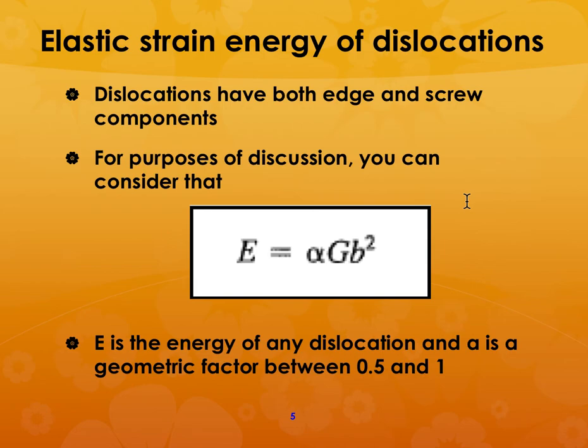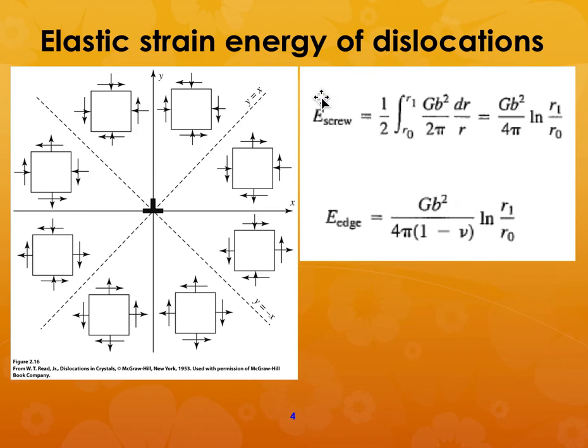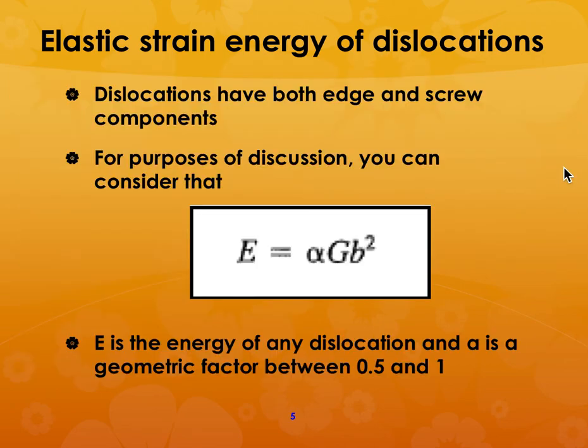But for calculation purposes, when it comes to a single dislocation, you can consider that E is equal to alpha times G times b squared, where E is the energy of any dislocation and alpha is a geometric factor between half and 1.